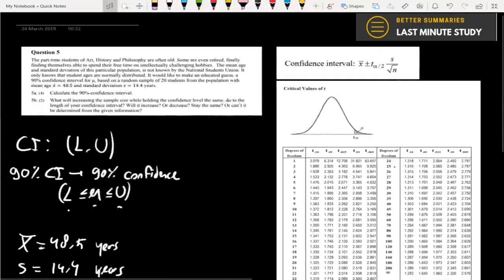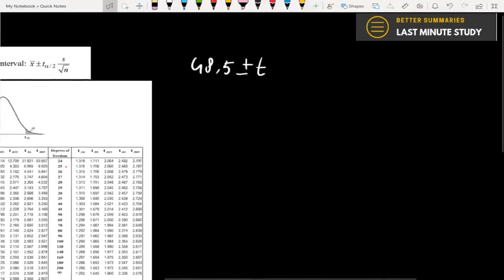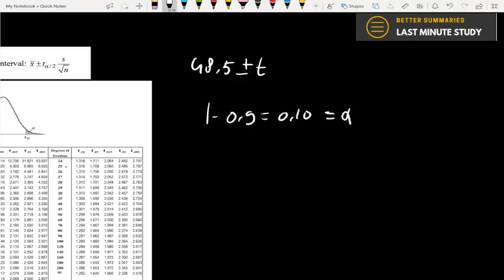If it's a 90% confidence interval, then alpha is 1 minus 0.9, which is 0.10. And we want to do alpha over 2, so alpha over 2 is going to be 5%. Times the standard deviation over the square root of 20.